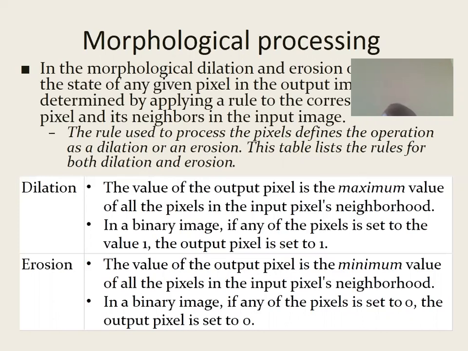For that, we need morphological processing, which tries to check whether foreground pixels are switched to background pixels or not, or else the background pixels are switched to foreground pixels or not. Towards checking whether there are more pixel elements that are added to the foreground pixels or the background pixels.